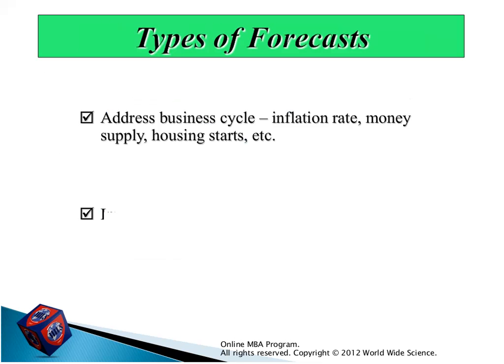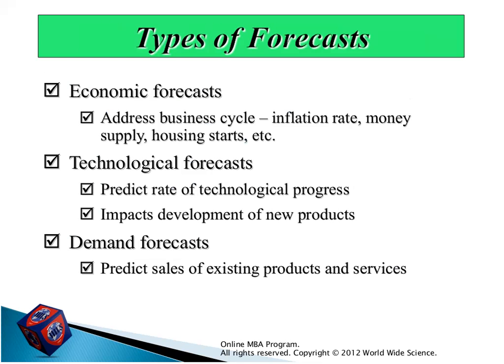Types of forecast. Sometimes you forecast for demand in the future, for number of customers in the future. But another forecast also has been listed in this slide. Economic forecast also should be done by managers. You should know about the economical issues in the future.